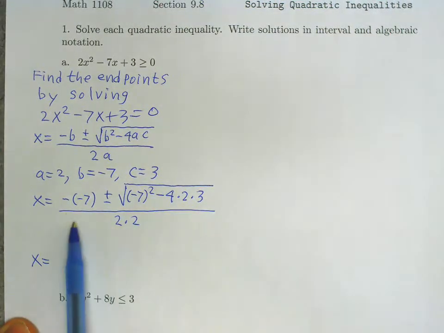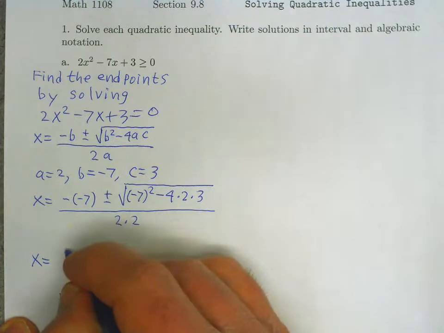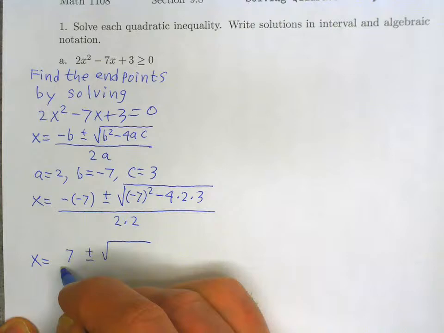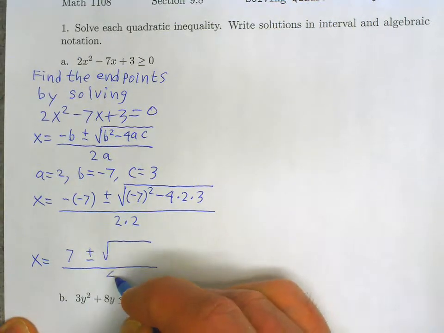And then arithmetic, the negative of negative 7 is positive 7, plus and minus the square root of some number, all divided by 2 times 2, which is 4.